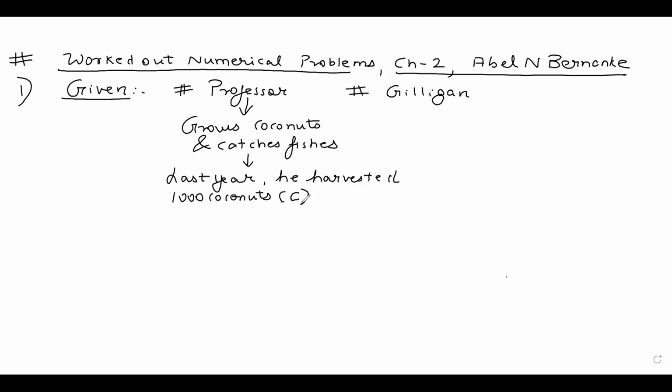Let me use C, capital C for coconuts, and 500 fishes. Again, let me use capital F for fishes. So this is the information given to us.